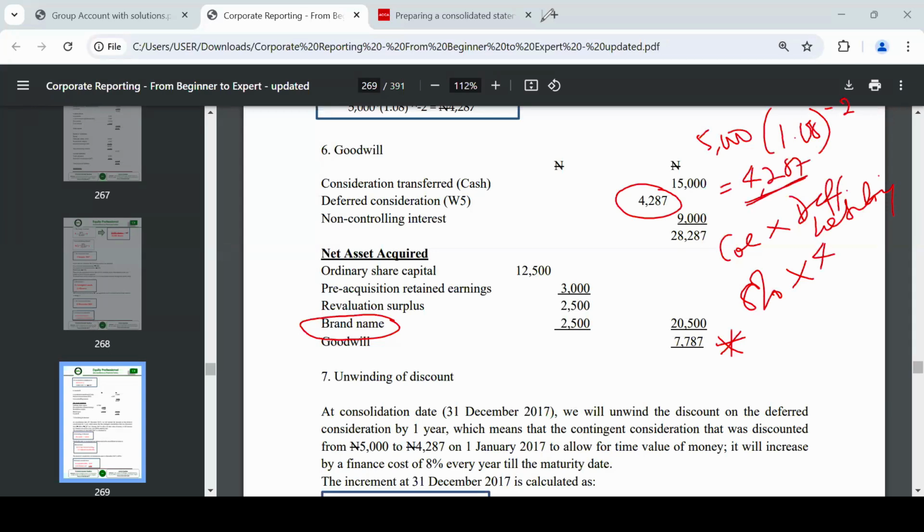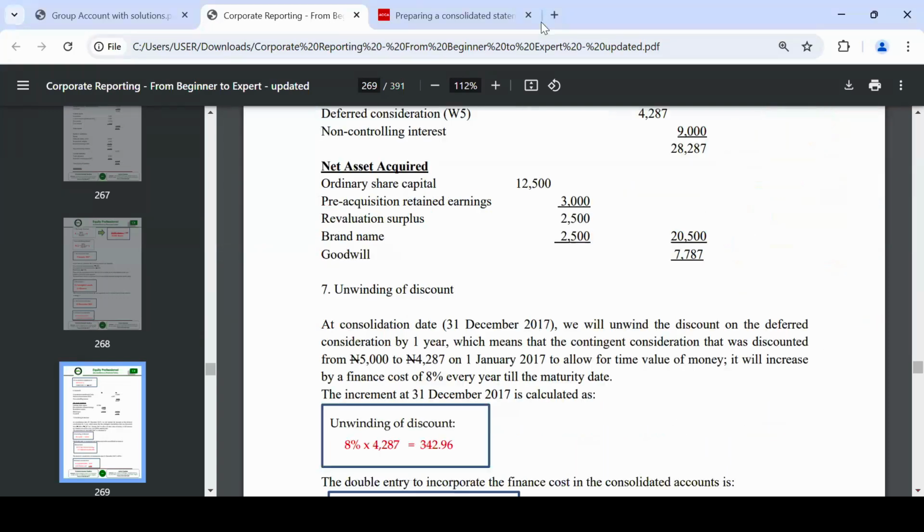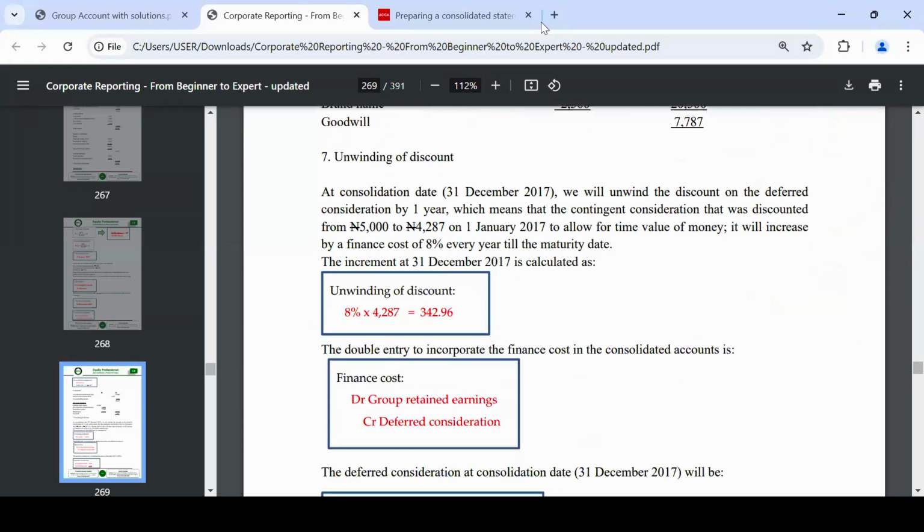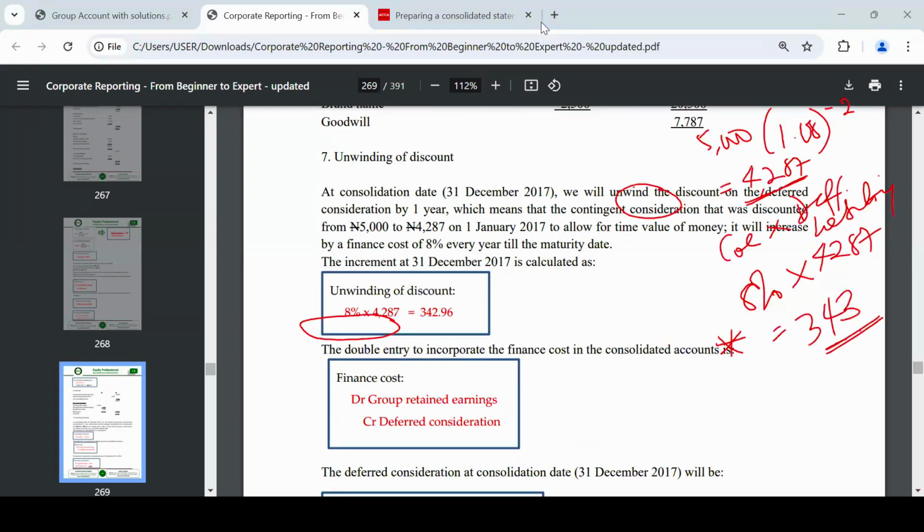So if you do 8% of 4,287, this will be your finance cost for that year, okay? And it's an amount of 342.9, which we're going to say 343, okay?